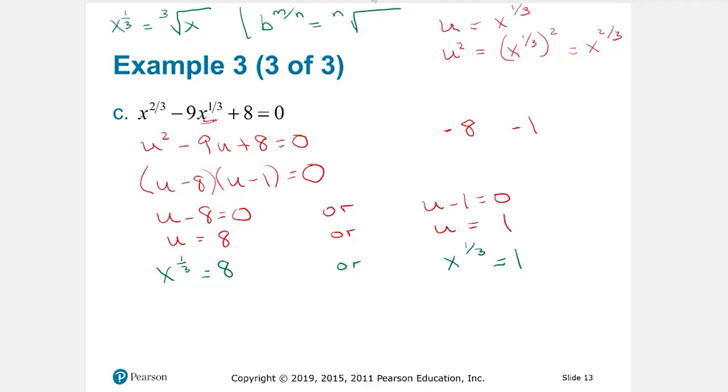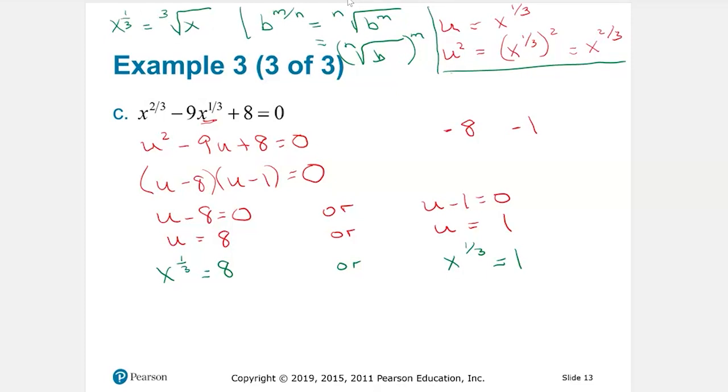So the denominator goes on the outside and the m goes on the inside. We could also say it's equal to the nth root of b to the m power. Sometimes the second way I did it is a lot easier way to solve.